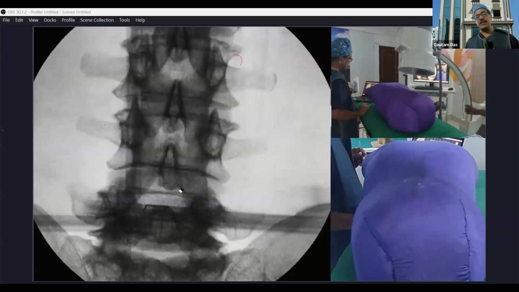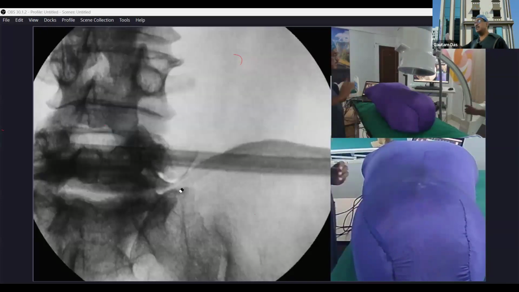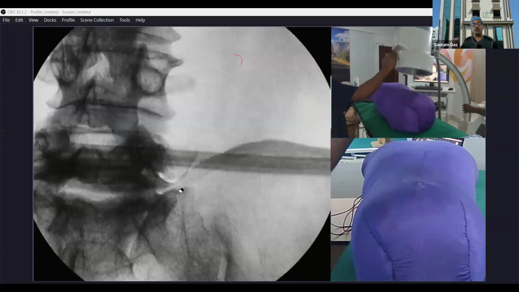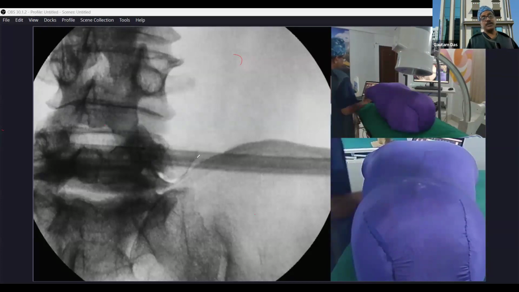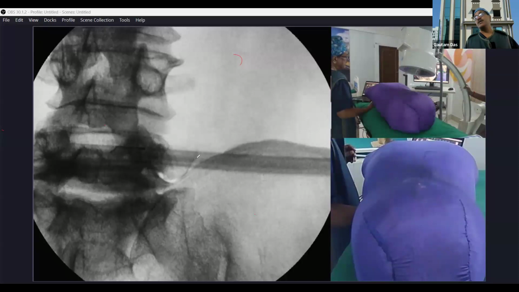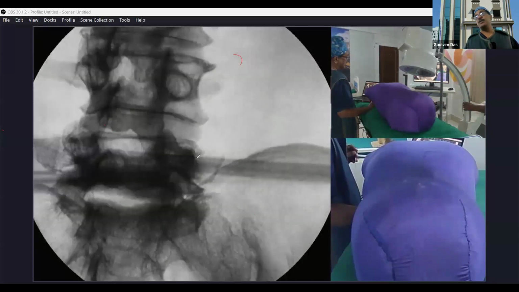So here, what is the additional problem? Number one is this tilt is too much. And number two is, you see, the iliac crest is coming and obliterating all this area, which is making things very difficult. So you have to compromise somewhere with the lateral bend or the oblique.